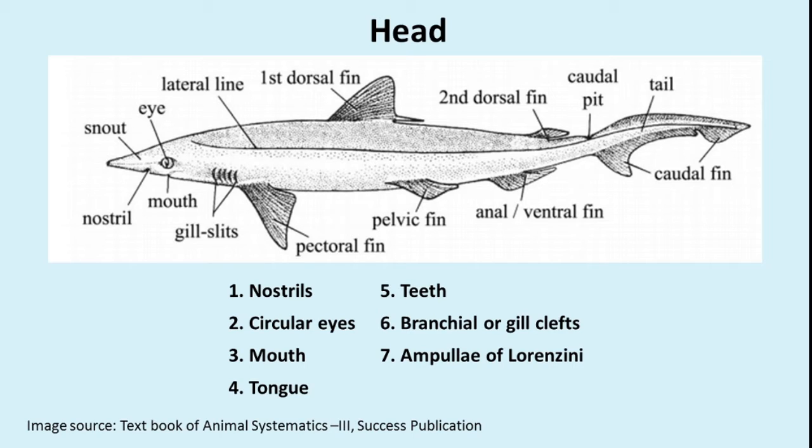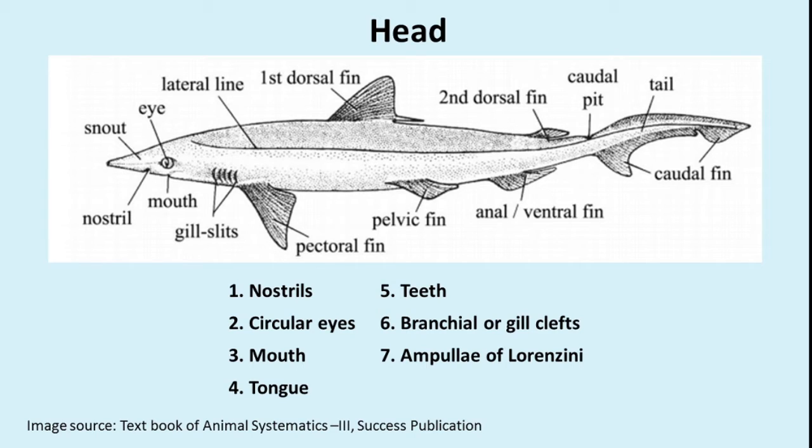The sense of smell is the only function it has. These nostrils do not have any connection with the mouth cavity, and they will be partly covered by a small fold of skin. So this was about the nostrils.